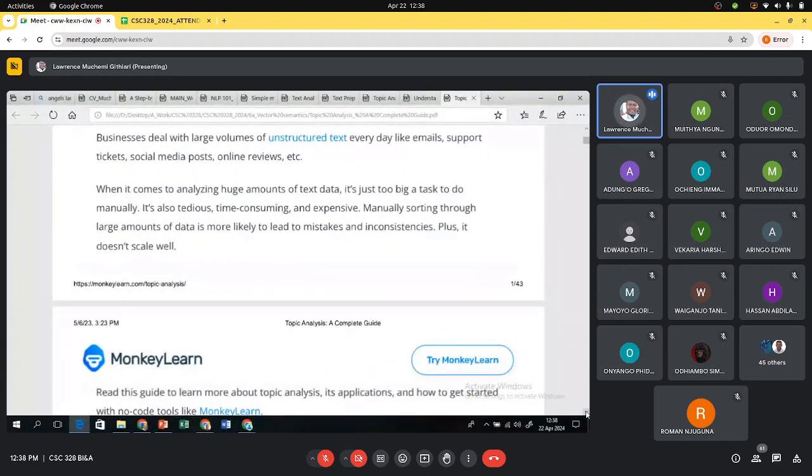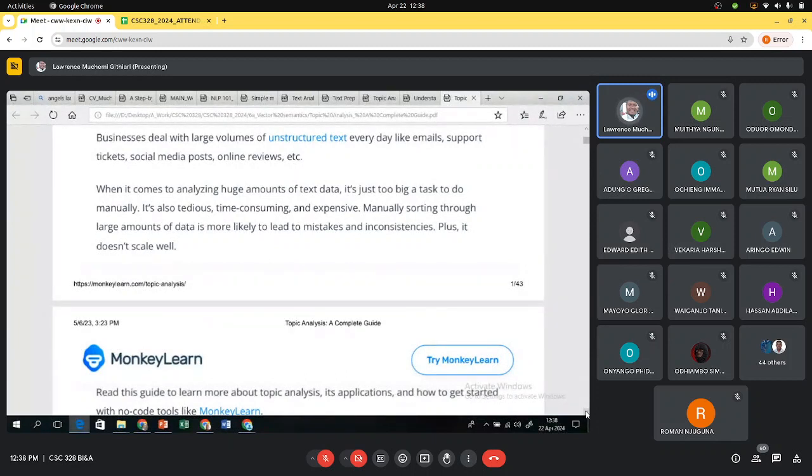So businesses deal with large volumes of unstructured data every day, like email, support tickets, social media posts, online reviews, etc. And when it comes to analyzing huge amounts of text data, it's just too big a task to do manually.